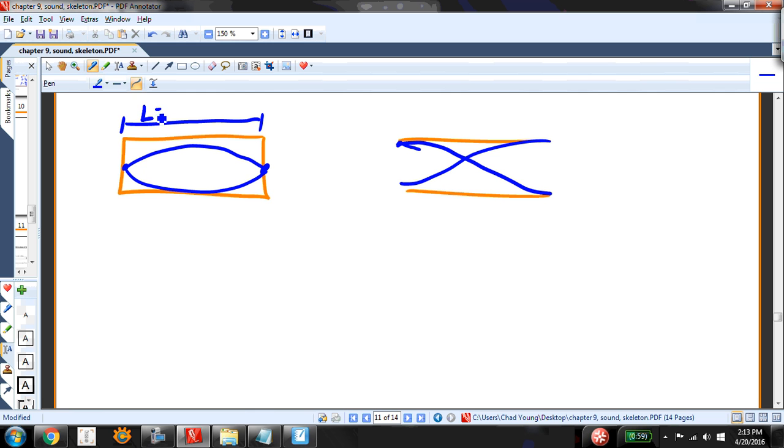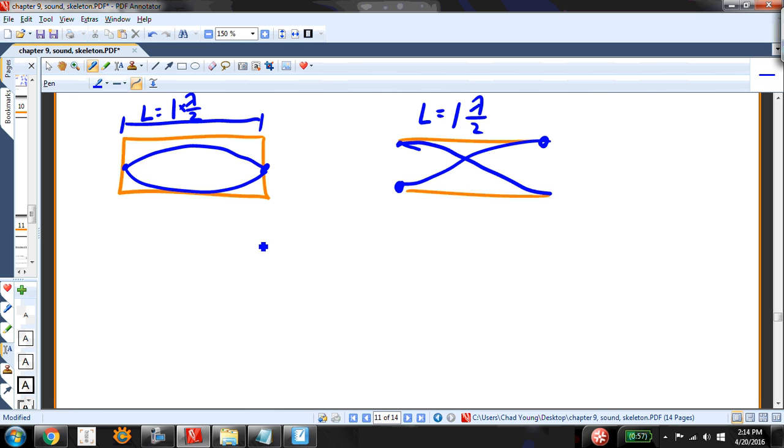So the length here is equal to 1 wavelength over 2. I have 1 times lambda over 2, and over here it's going to be the exact same. I can fit in a half of a wavelength. Going from here to here is a half wavelength.